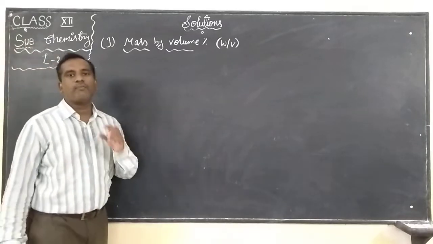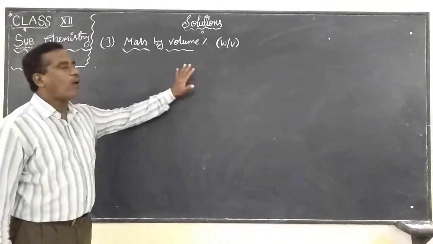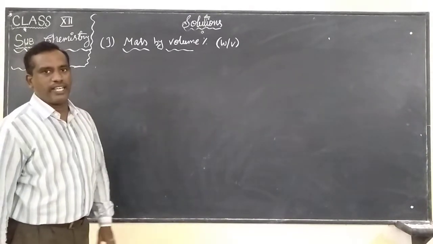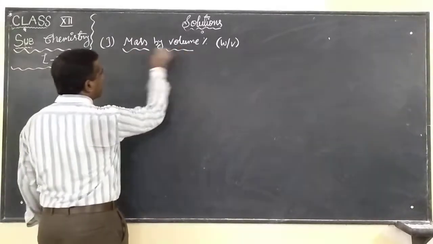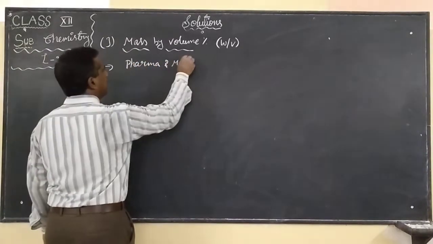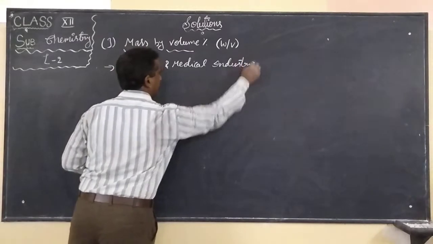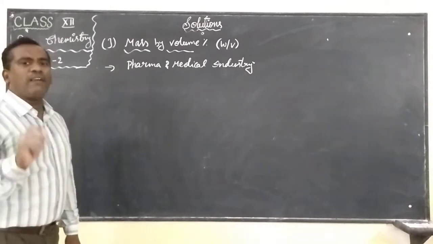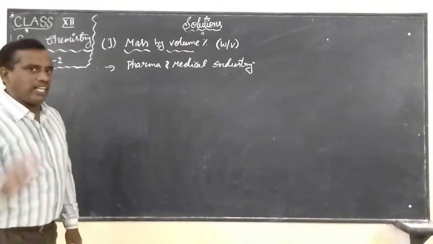The third presentation of concentration of solution is mass by volume percentage. Where do we use this one? Generally, this mass by volume percentage is used in the pharma and medicine industry, to express the amount of solute in grams dissolved in an amount of solvent in ml.